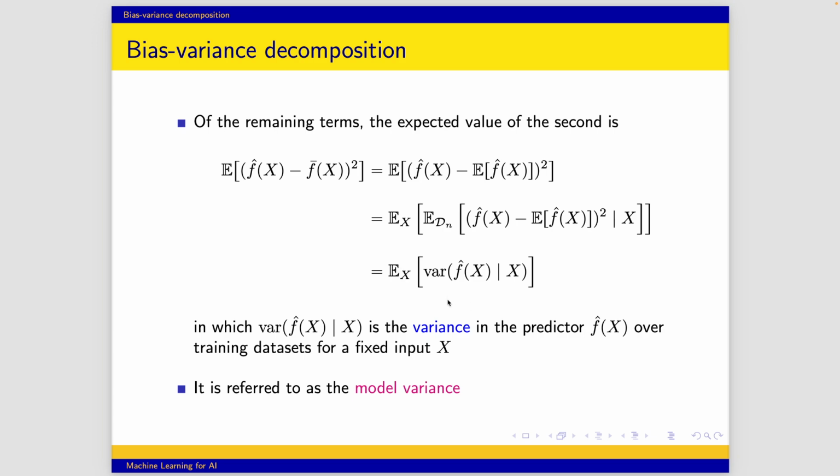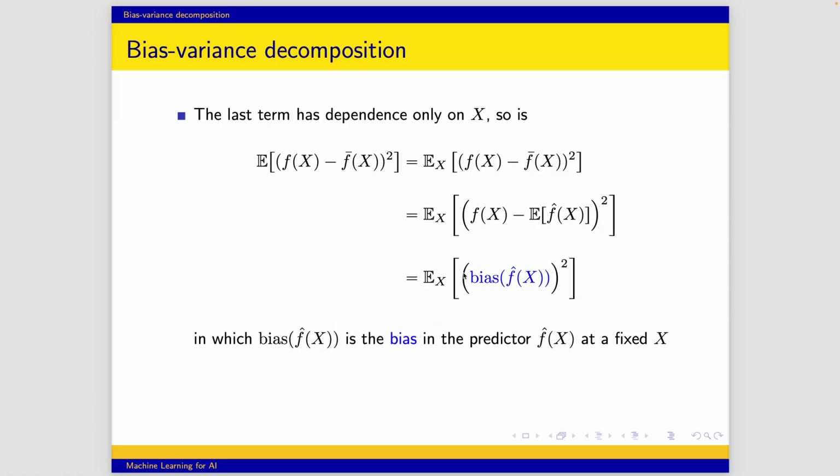So given some value of x, what is the variance in our predictor? Variance in terms of the distribution over the random sample. As we change the random sample, the realizations of it will give different predictions, and it's measuring the spread of those predictions, the variance. So that's the variance.